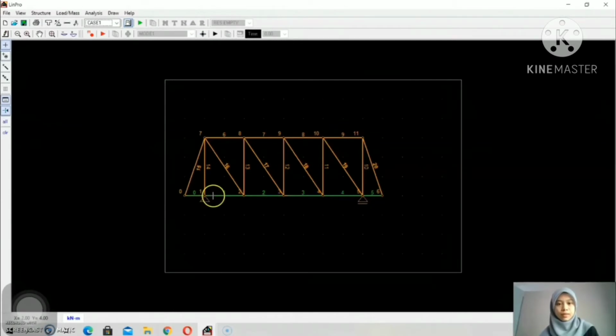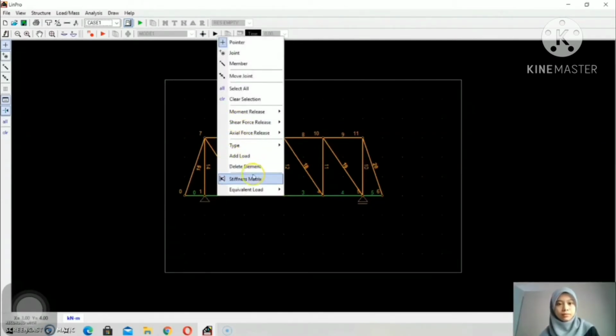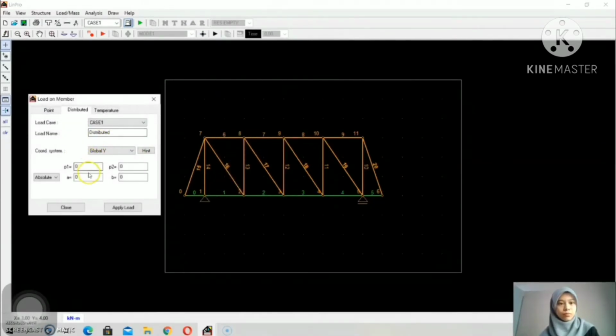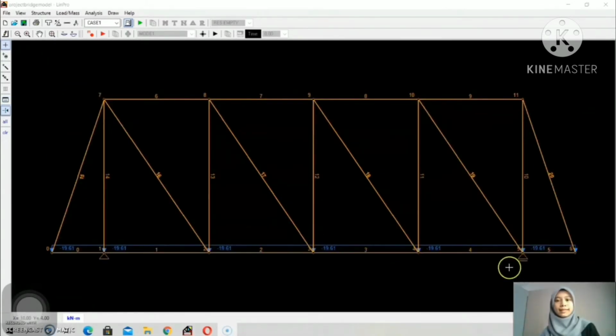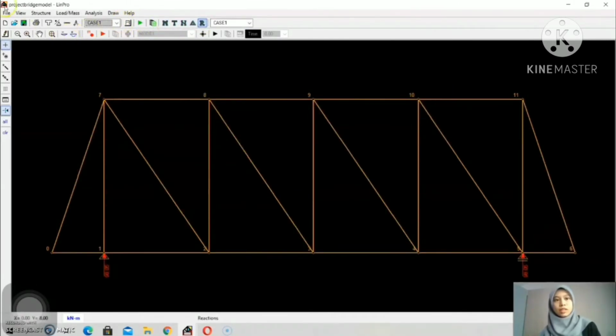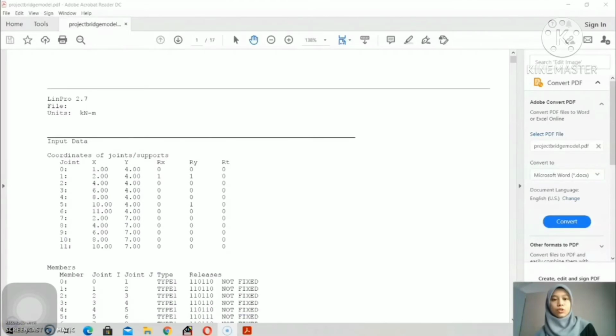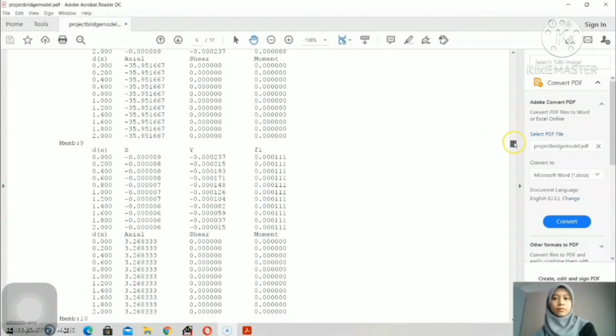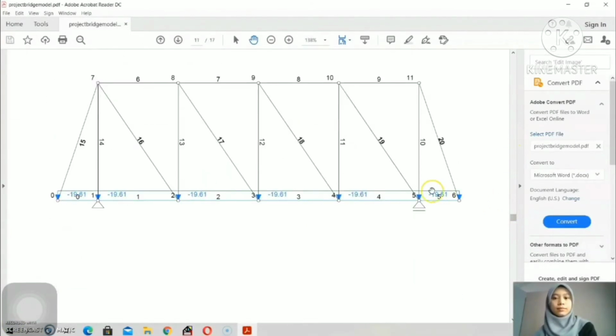So then right click, add load. And here, the load is -19.6. It will become like this, and then just click here. So then you just print it. So this will be the report. So this is our design.